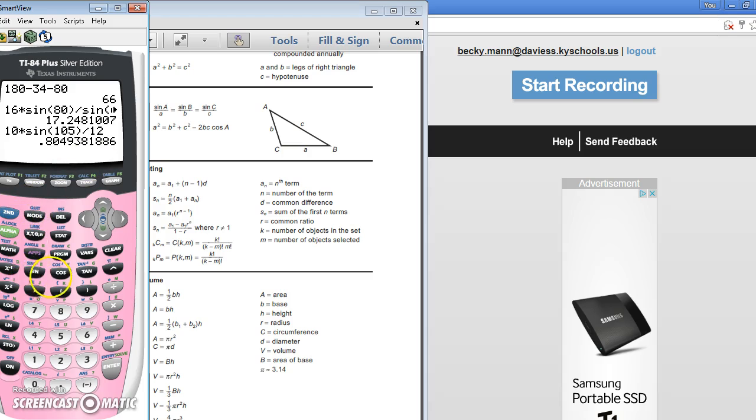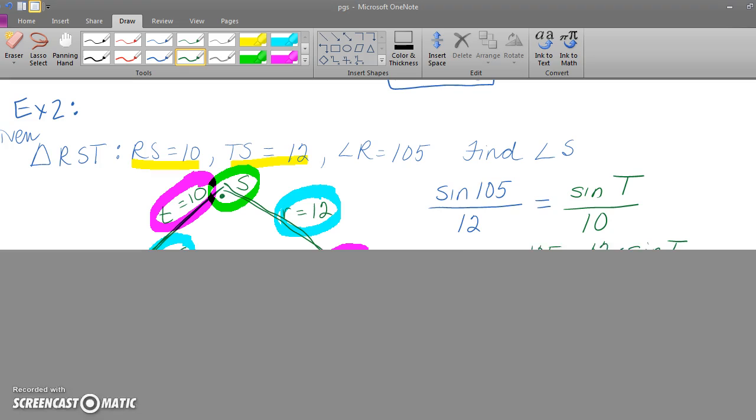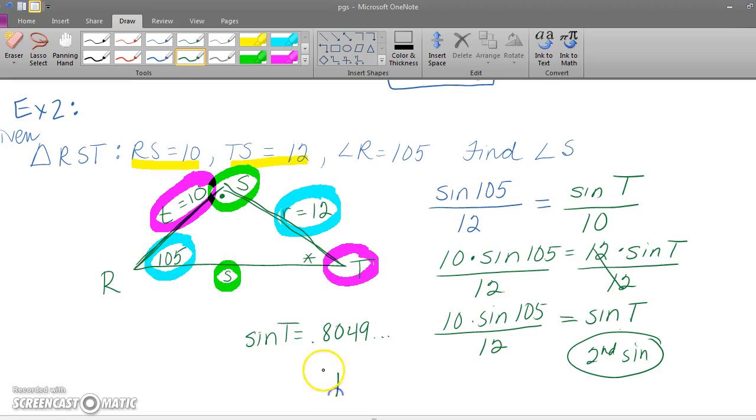So what we can do, and you can do this all at once also, is second sine to get the angle, and I'm just going to use that answer. So I'm going to hit second, the negative, and that's the answer. You can also just bring it down on your calculator. Hit enter, and this angle is 54 degrees. So T would be 54 degrees.